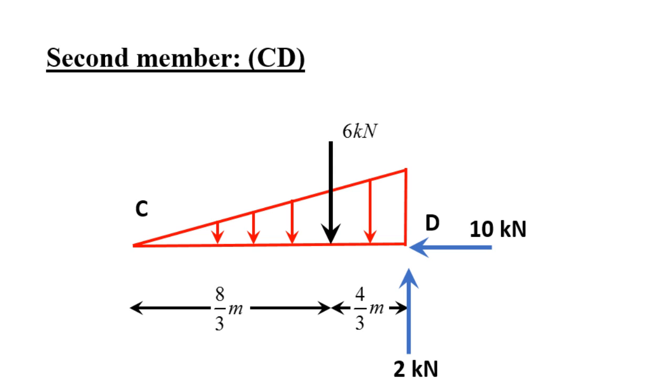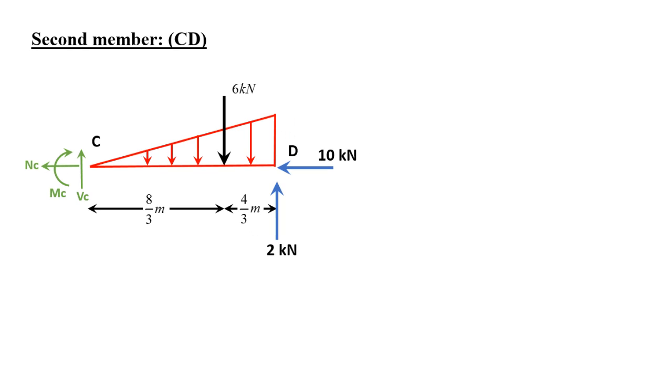These are the reactions, and on the left I have these internal forces exposed. Now the sign convention, if you are cutting the member and looking at the right segment, is as shown. If you are looking at the left segment, everything should be switched.